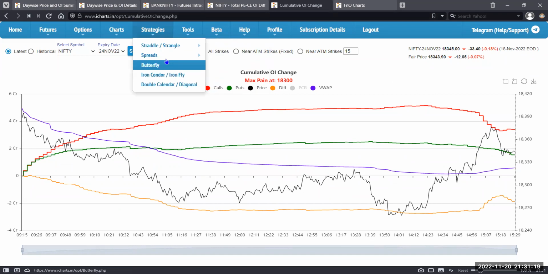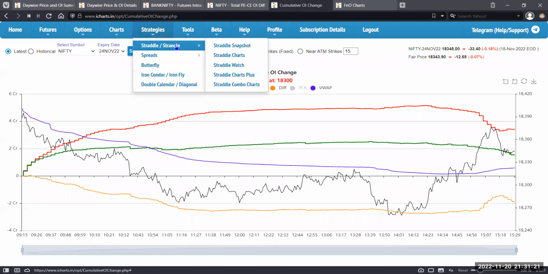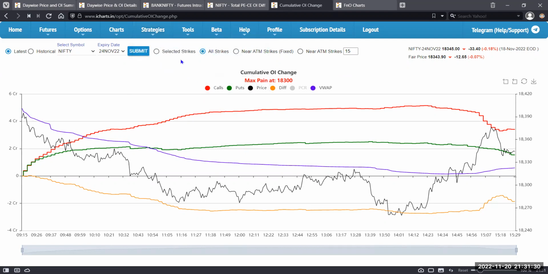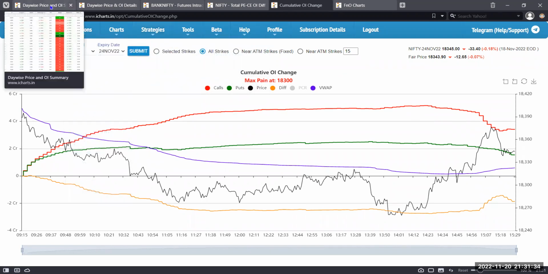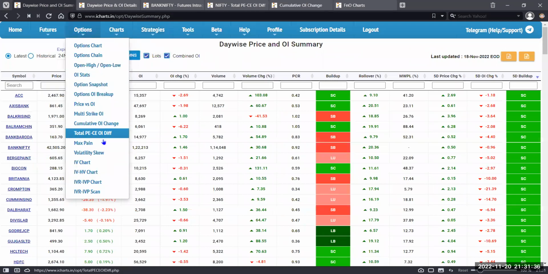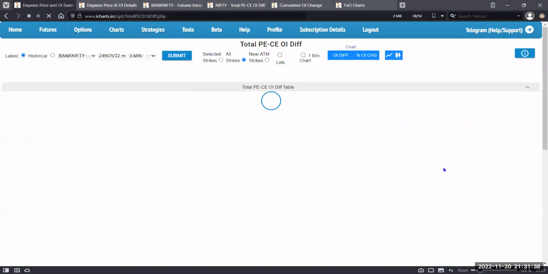Like you saw straddle charts, which we just discussed, and those trades were specifically towards selling straddles. It will be the same for strangles. And then there is total PCOI, where I've discussed this in other videos.